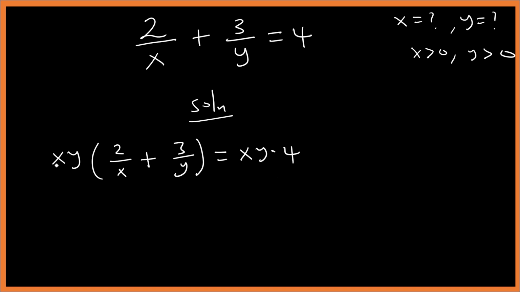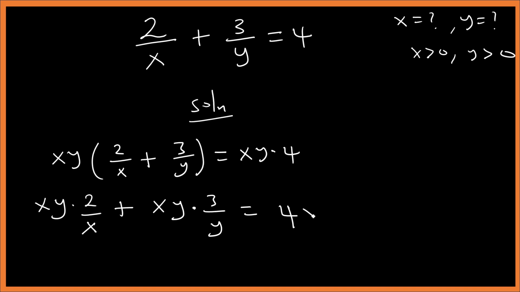Okay, so let's expand the bracket by multiplying 2 by xy. So this side will be xy times 2 on x plus xy times 3 on y equals 4xy.